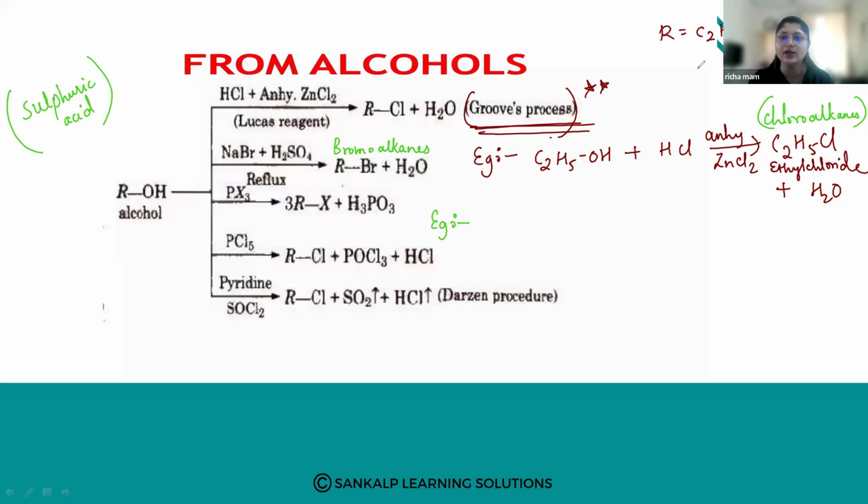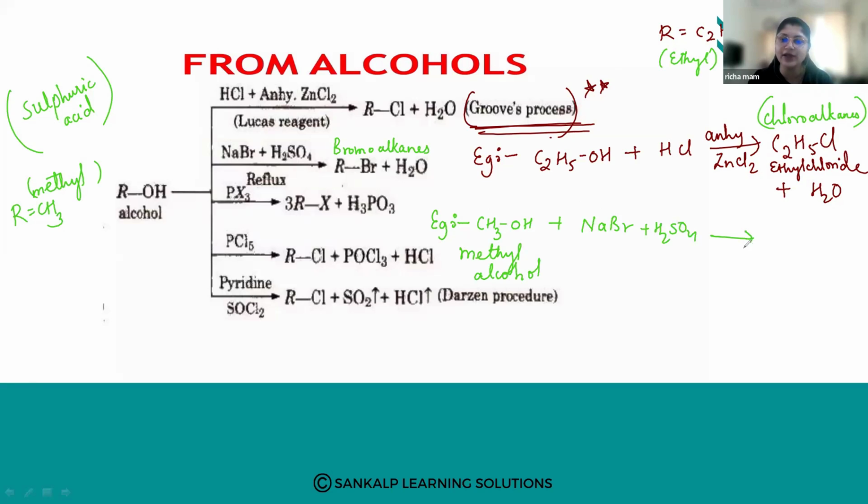So I'll give you an example. Let me take R as the methyl group. So this is a methyl and this is an ethyl group. My alcohol will be methanol, or methyl alcohol. So I treat it with NaBr plus H2SO4.